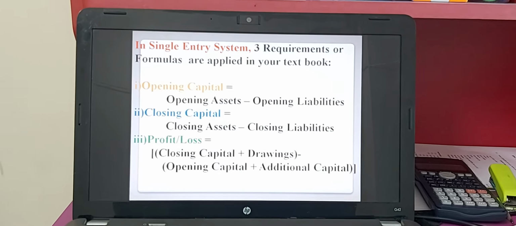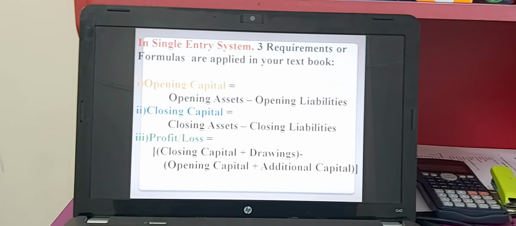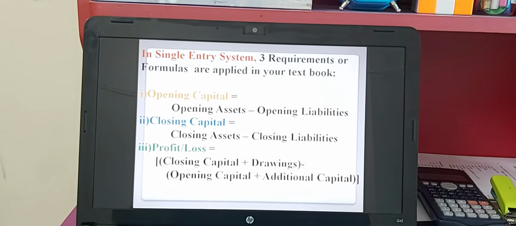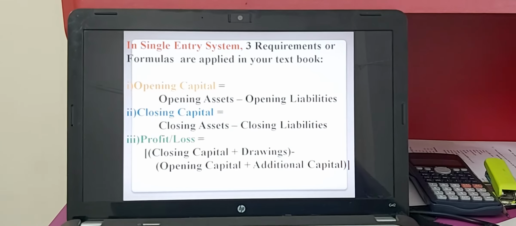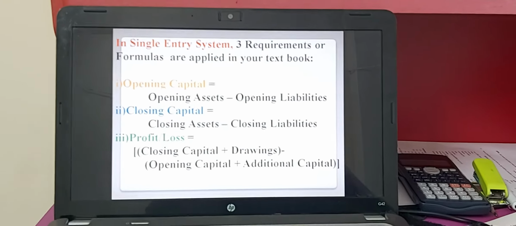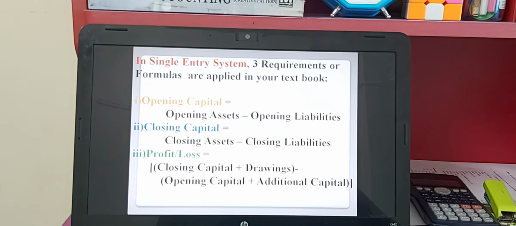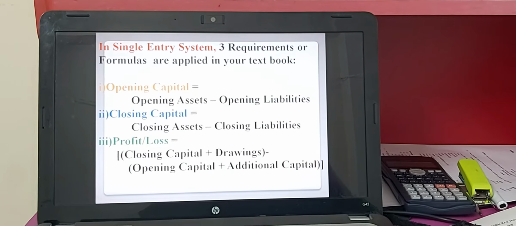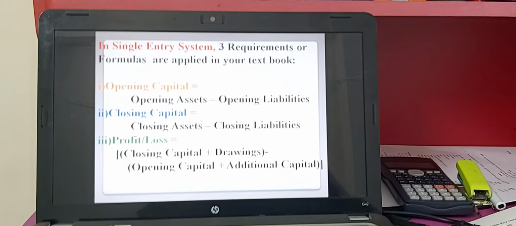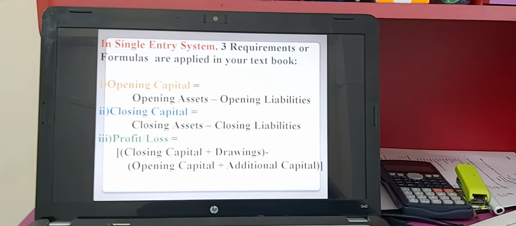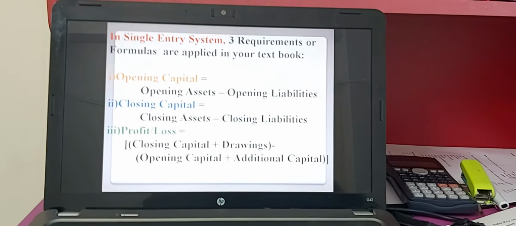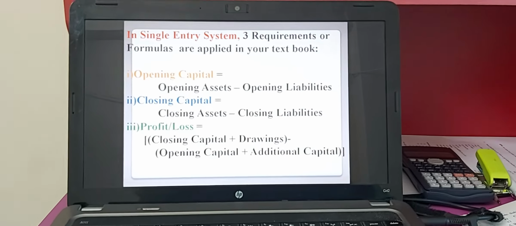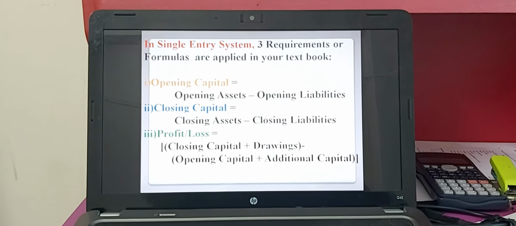On 31st December, assets and liabilities of his business were as follows: cash Taka 1,85,000, furniture Taka 1,80,000, debtors or accounts receivable Taka 1,30,000, stock of goods or inventory of goods Taka 90,000, bank loan Taka 60,000, and creditors Taka 55,000.